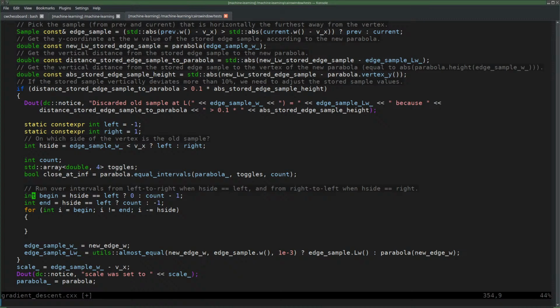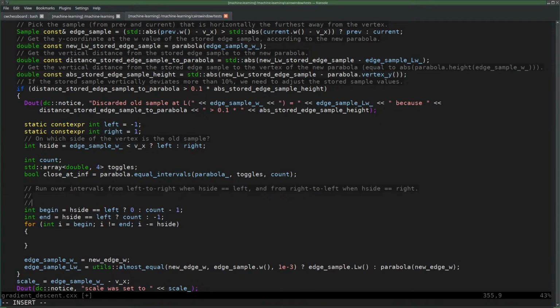Let's say I have a minus infinity here, toggle, some interval, toggle, and then let's say 4 toggles, and then plus infinity.